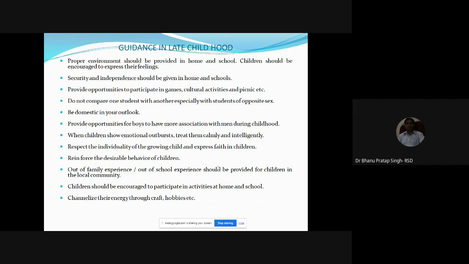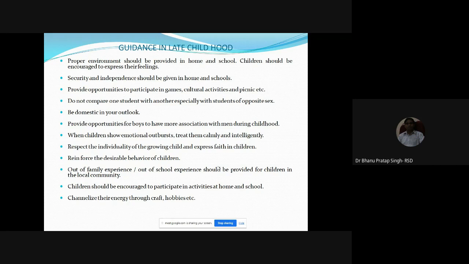Security and independence should be given in the home and schools. Provide opportunity to participate in games, cultural activity, and picnics. A child should not be compared with another student, especially students of the opposite sex. Be domestic in your outlook.